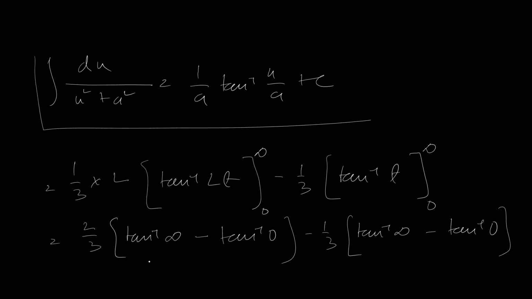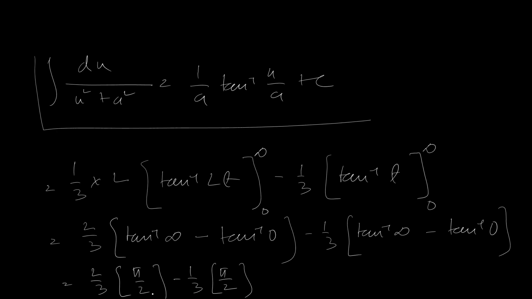So tan inverse infinity, tan inverse 0, it will be 0, tan inverse infinity, it will be pi by 2. So this is equal to 2 by 3, this is pi by 2, minus 1 by 3, this is pi by 2.